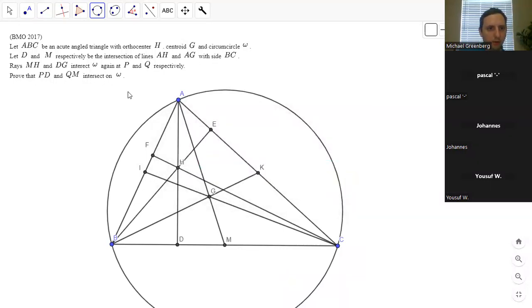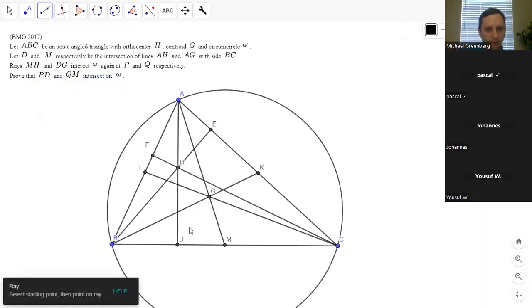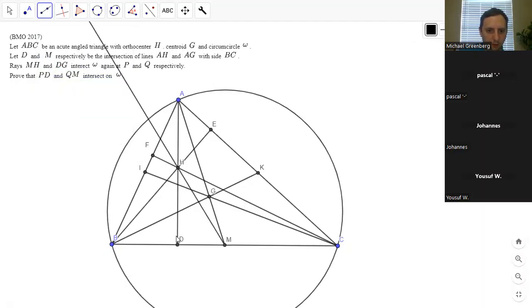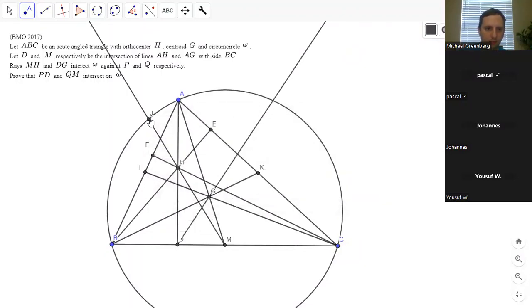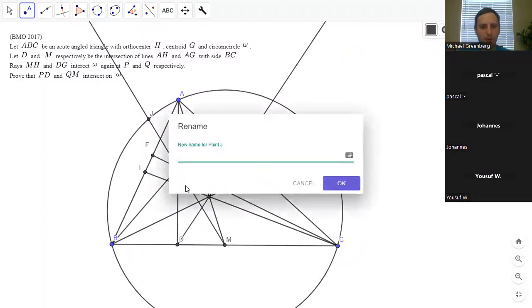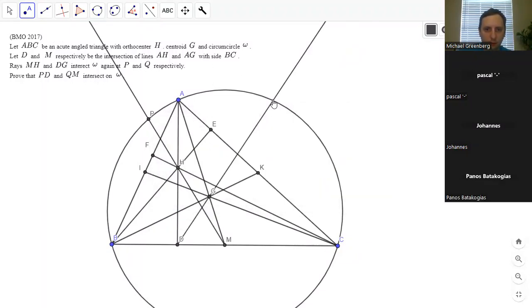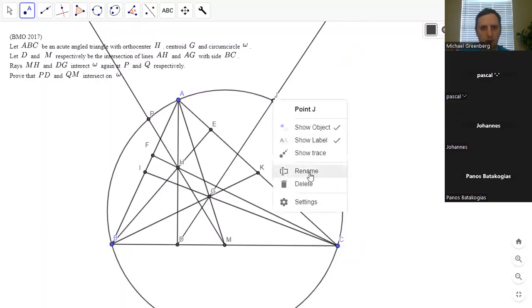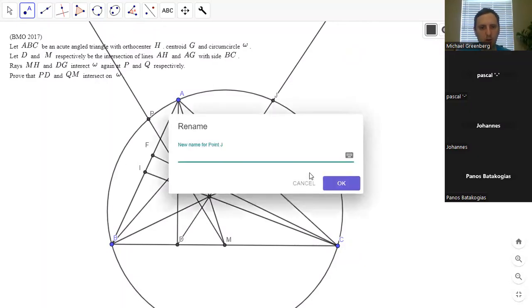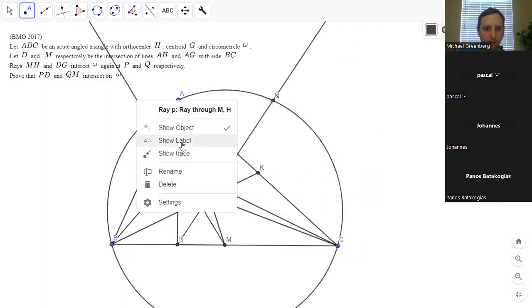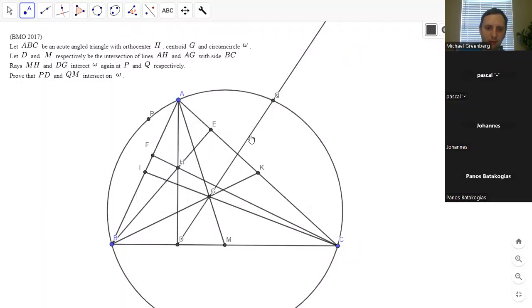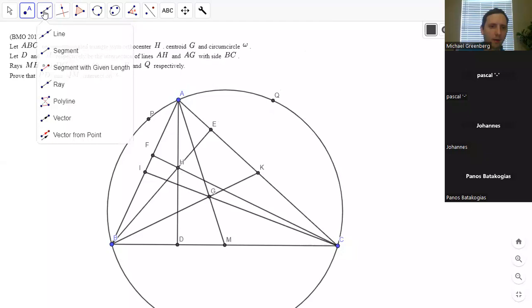MH and DG intersect the circle at P and Q. So MH and DG intersected at P and, sorry, this is P and this is Q. And we want to show that PD and QM intersect on the circle. So this doesn't look like it should be that hard.